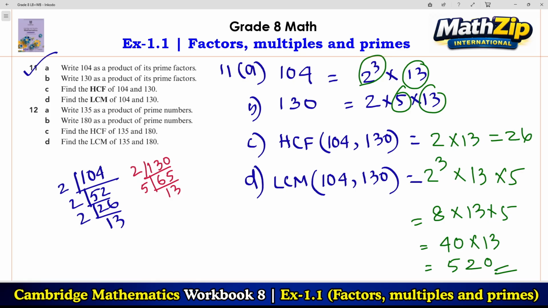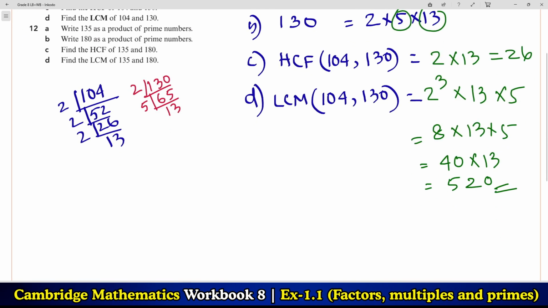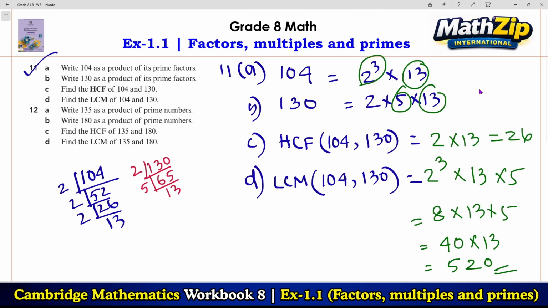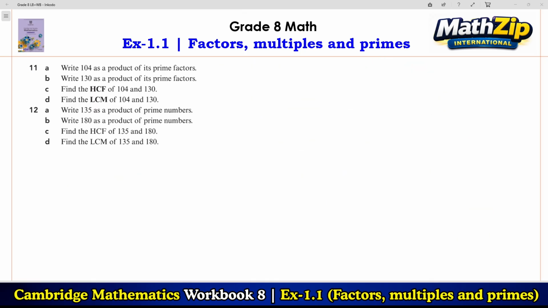So number 11 done. Number 12, now we will start. Number 12a. Write 135 as a product of prime factors, same as 11. So first, 135 we can divide by 3.